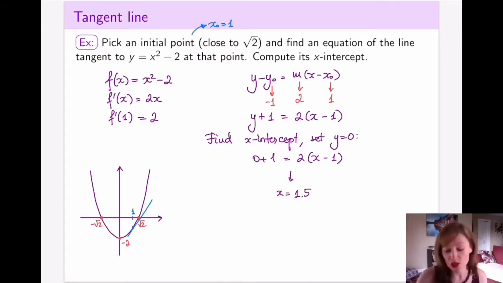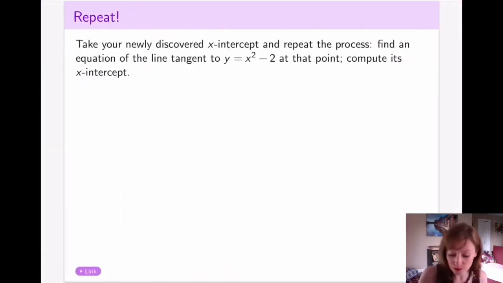The construction will look exactly the same, but with a new point, and will produce an even closer approximation. Okay, so in order for me to do that, I will introduce a slight notation here. I'm going to call this x1, because it's my first actual approximation produced by the method. Now I'm going to take my point x1 to be 1.5, construct the tangent line at 1.5, compute its x-intercept, and that's going to be my next approximation of the square root of 2.